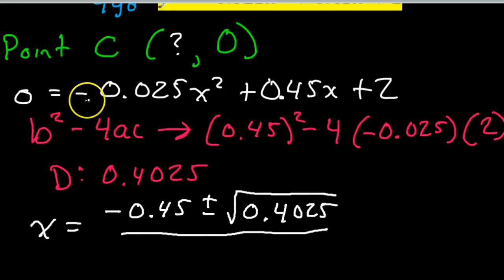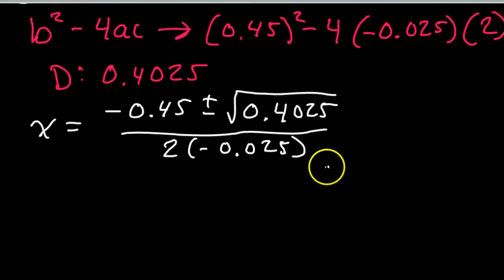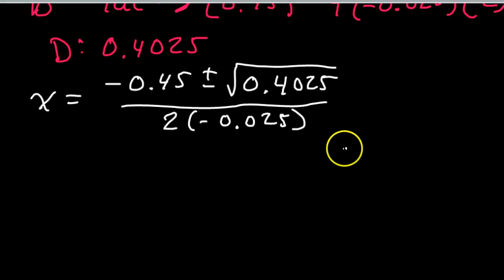Okay, so this is a. So you know what, I'm just going to write 2 times negative. Okay, there's 2a. I'm just writing it down. Okay, so this is what we have. So we just need to evaluate this.